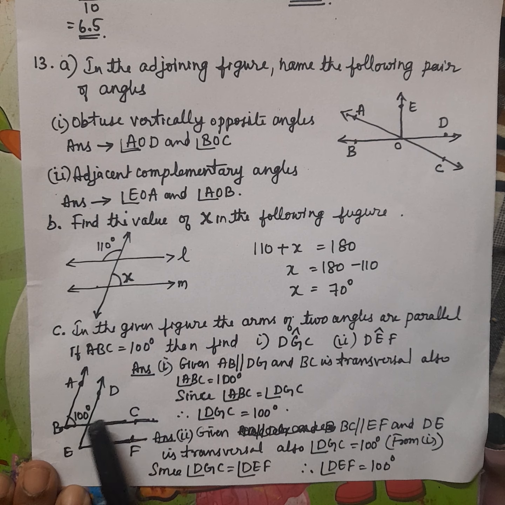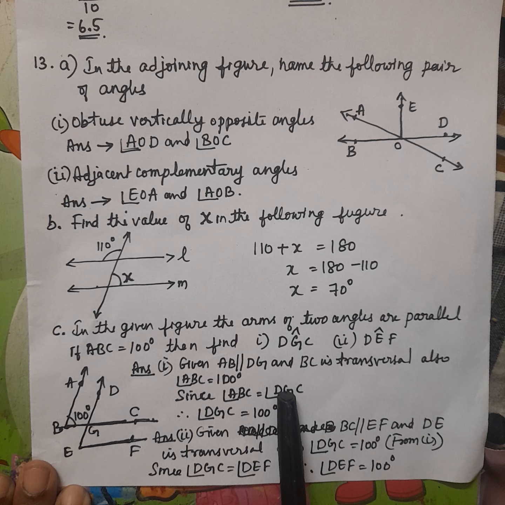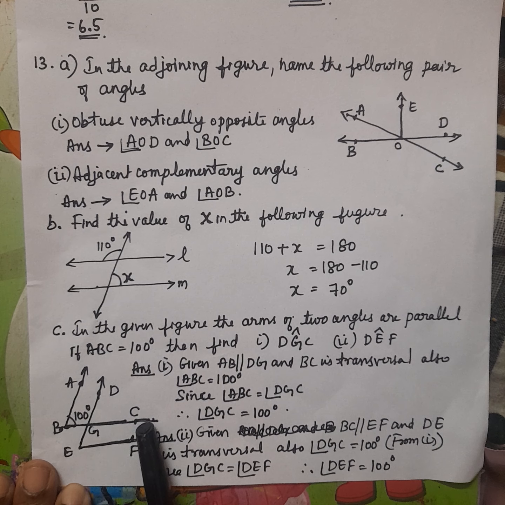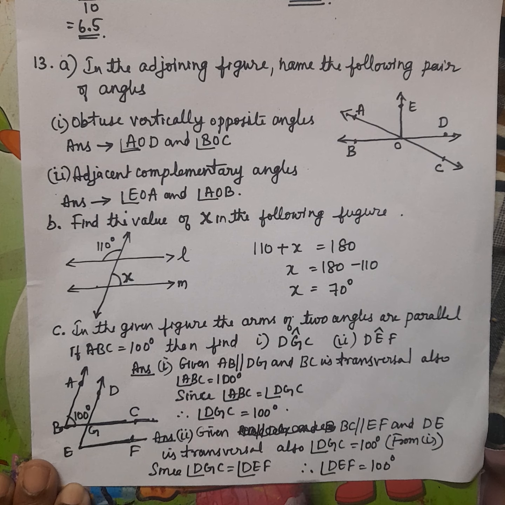It is given from the first question's answer. So angle DGC is equal to angle DEF. Hence, angle DEF is equal to 100 degrees. So this angle will also become 100 degrees.